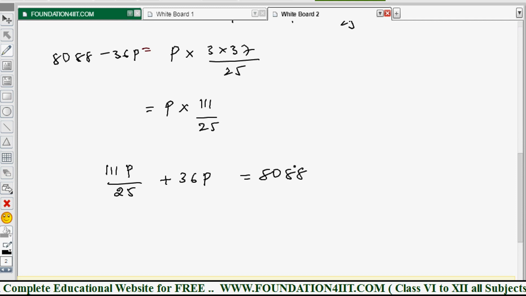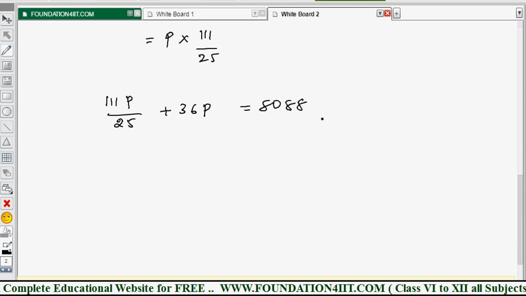Now take p common and simplify. So if you take p common, 111 by 25 plus 36 by 1 is equal to 8088.